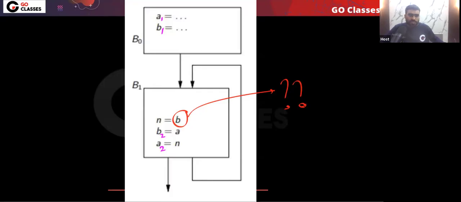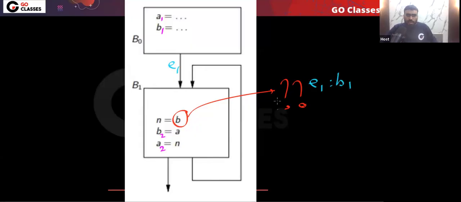See, notice one thing. If you are coming by this side, let me call it E1. If you are coming through E1, then this B value should be what? This should be B1.